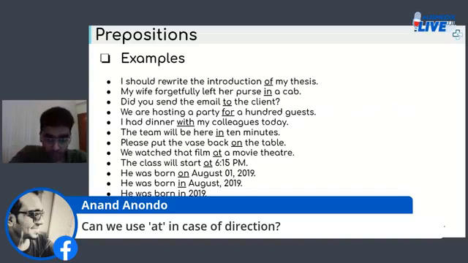To indicate locations, of course, we use at, for example, where are you? I am at home, or I'm at my office, I'm at school, right? But to indicate direction, do we use at? I don't think so, no. To indicate directions, more often than not, we go with to and not at. Okay? All right.